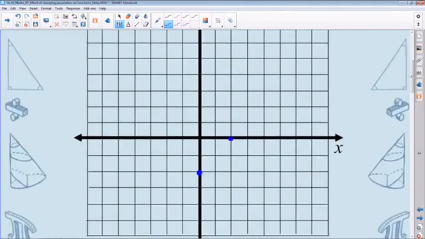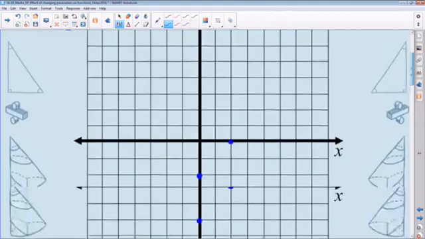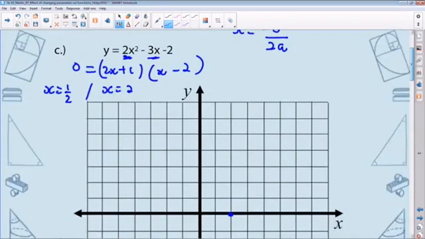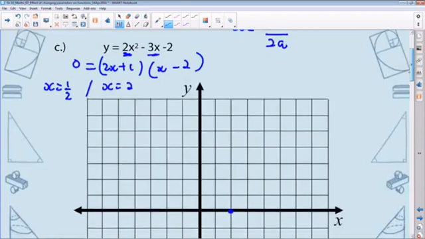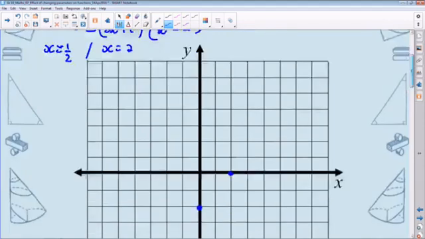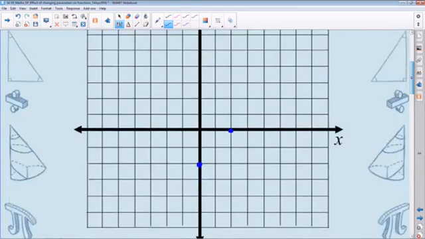Guys, you must be extra careful here. This is 2x plus 1. You are the ones who are showing me these wrong answers. X equals negative half, or x is 2. So negative half is somewhere there. All right?